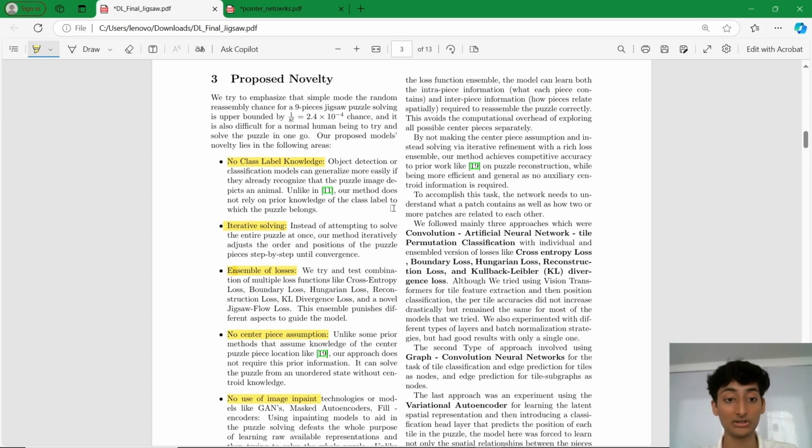Object detection or classification models can generalize more easily if they already recognize that the puzzle image depicts an animal. Unlike in the auxiliary GAN part, or the paper by Pomard et al., our method does not rely on prior knowledge of the class label to which the puzzle belongs.